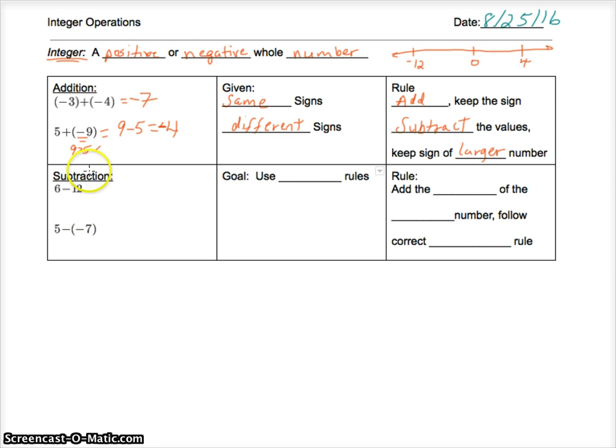Alright, and then for subtraction, my goal is to use my addition rules. My goal is to get back to the addition rules. In order to do that, I'm going to add the opposite of the second number, and I'm going to follow the correct addition rule.